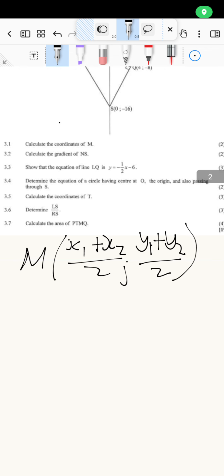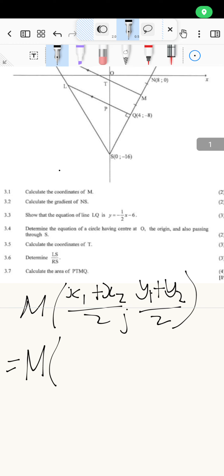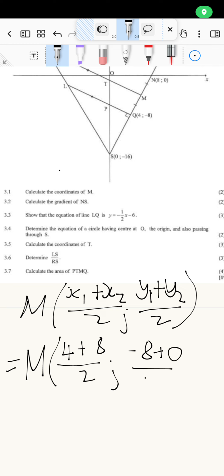Note how I'm writing it. It's a coordinate, so I'm not saying M equals, but again, not a big deal. So the x value of Q is 4, plus the x value at N, which is 8, divided by 2. The y value is negative 8, plus the other y value, 0, also divided by 2.